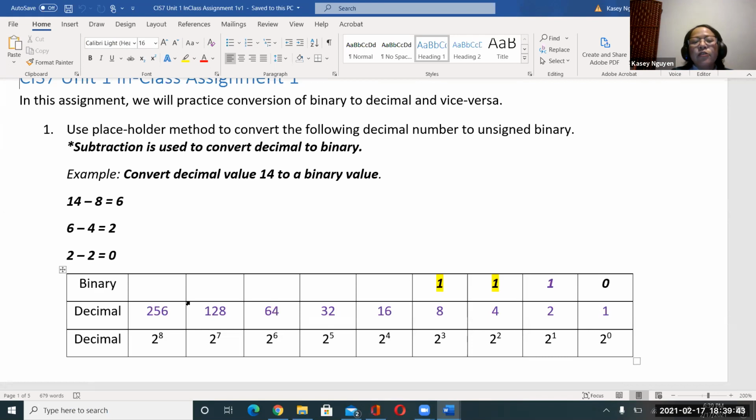So if you're given a decimal number 14, how is the computer storing that? It needs to convert it. For humans, we can use the subtraction method. My analogy is, let's say you have $14 in your pocket and you go to a store and walk down an aisle, and from the beginning of the aisle to the end, the items increment by $2.